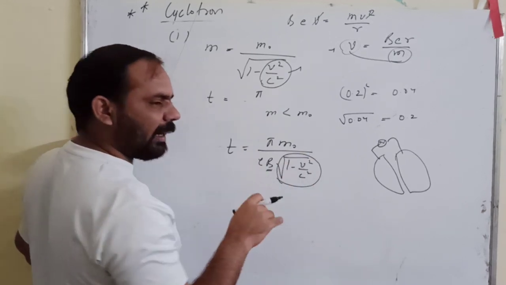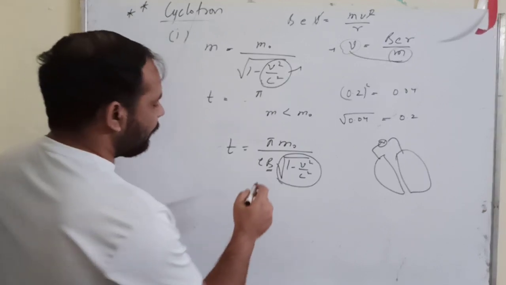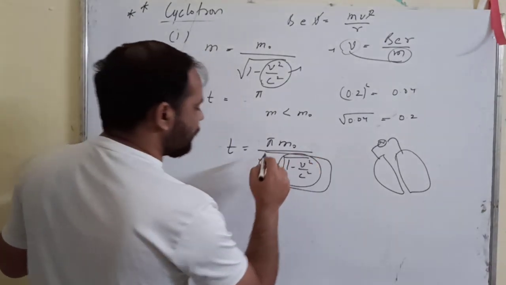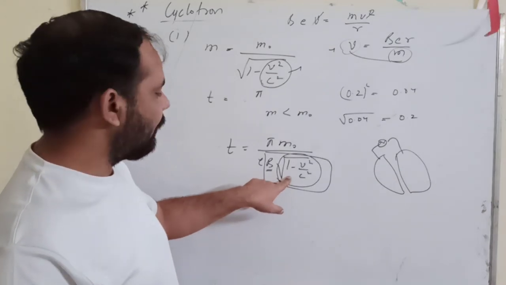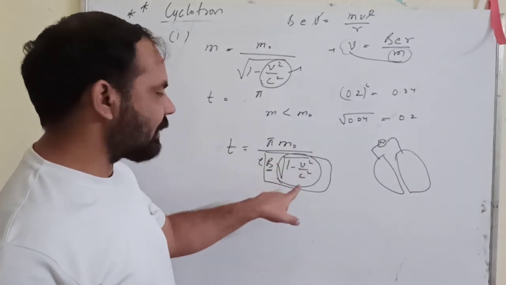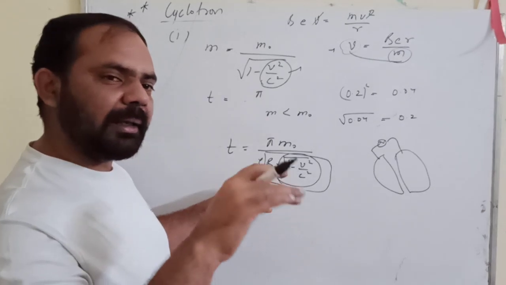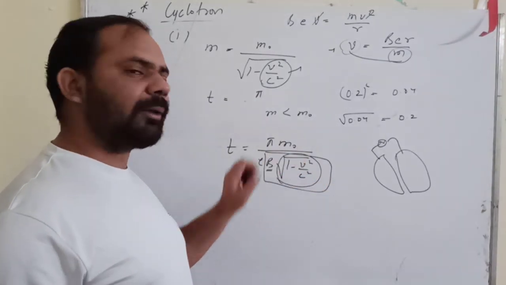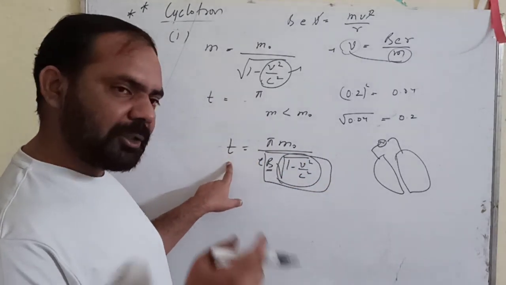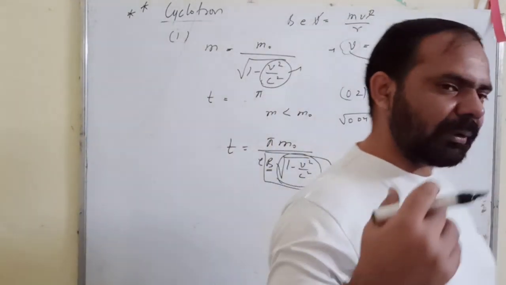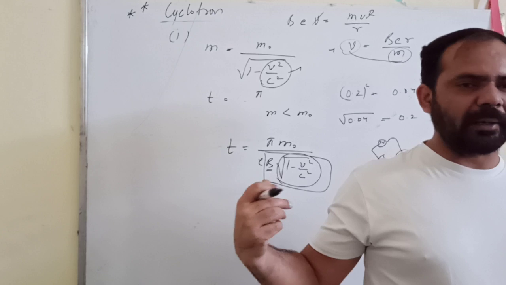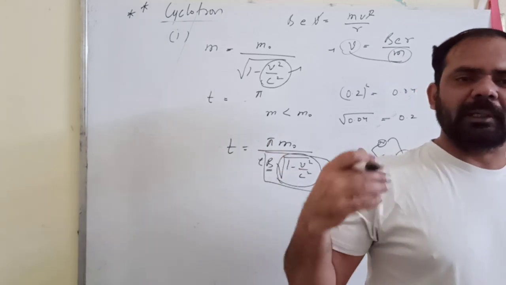You change the magnetic field in such a way that this product remains constant. This whole part is increasing, so we will decrease B in such a way that the product remains constant and we get a constant time period.